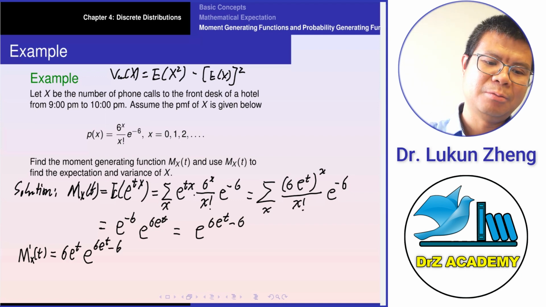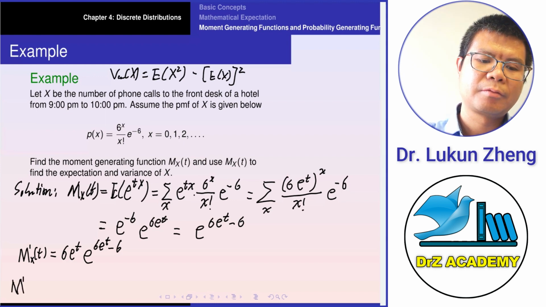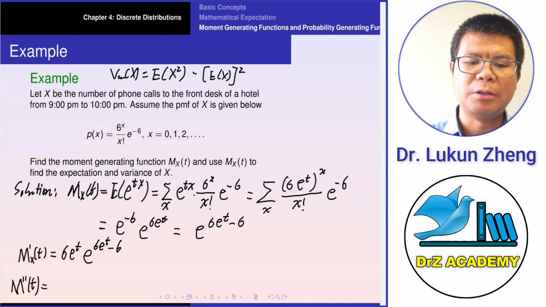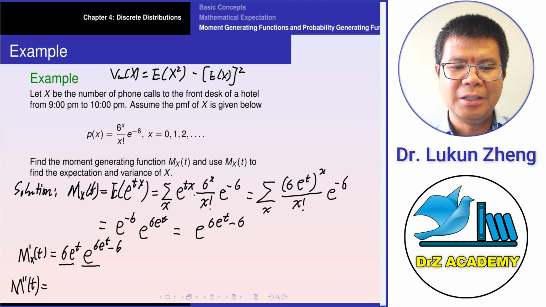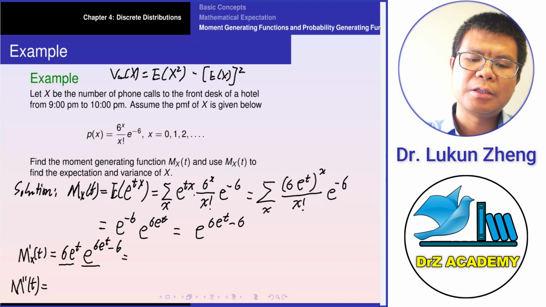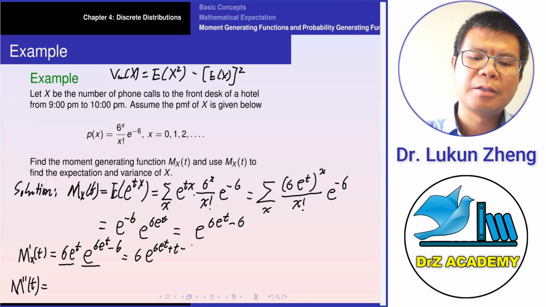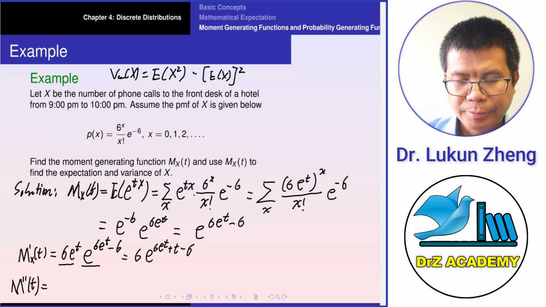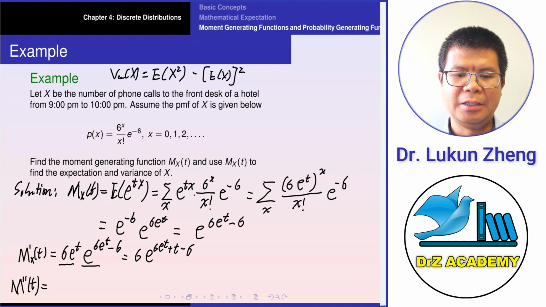The second derivative needs a product rule, or you can write this as e to the power 6 e to the power t plus t minus 6, and it's just another chain rule.